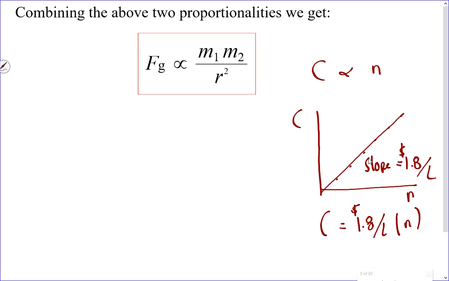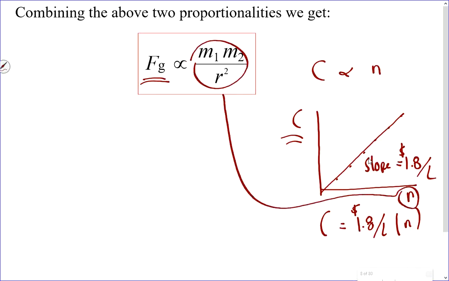Okay. Isaac Newton is not making a claim about number of liters and cost to fill a tank. Isaac Newton is making a claim about force due to gravity. This is like that. This whole thing is like n.